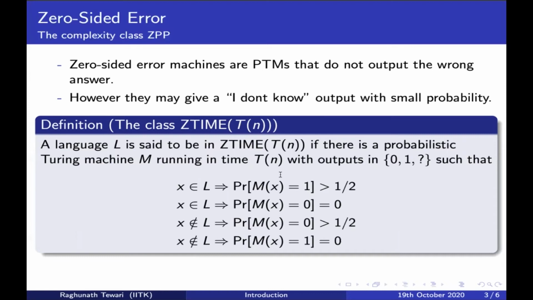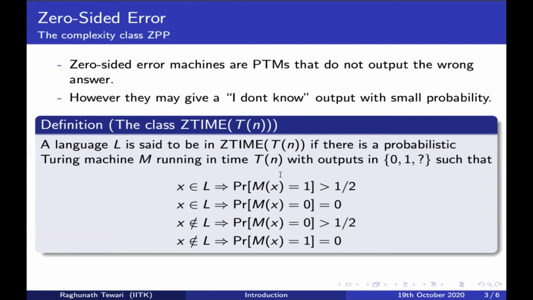Similarly, if X is not in L, then the probability that the machine rejects is greater than half, and the probability that the machine accepts is 0. So once again, if X is not in L, then on more than half the fraction of the computation paths, the machine would reject, and on the remaining computation paths, it again outputs I don't know.